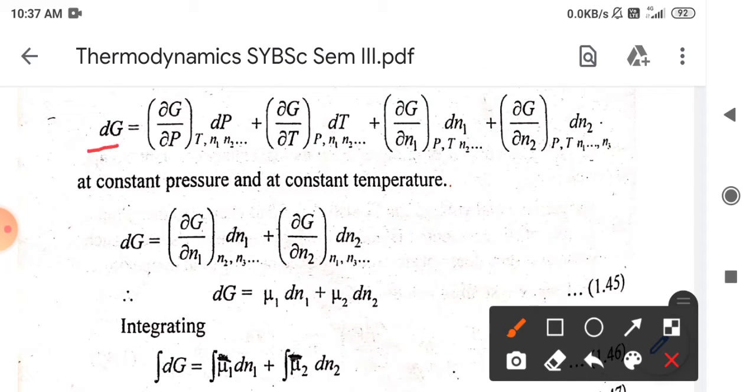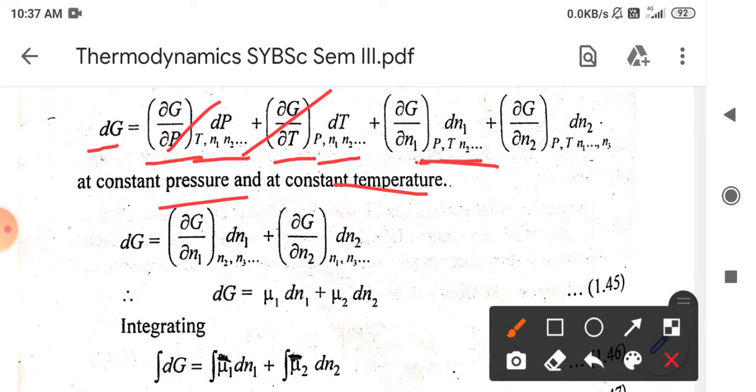Now consider the derivation for this. Okay, so again we will represent dG as dG upon dP, keeping other terms constant. Similarly dG upon dT, keeping other terms constant, and so on. Here we are considering dG upon dn1, that is the number of moles of the first component, keeping the other terms constant likewise. Okay, so at constant temperature and pressure, the other terms can be neglected.